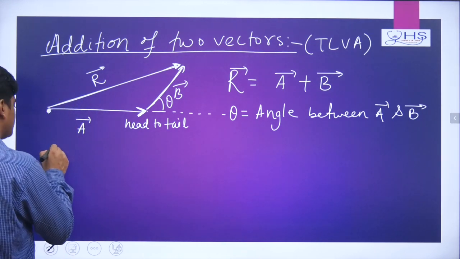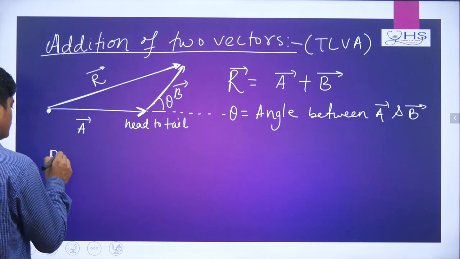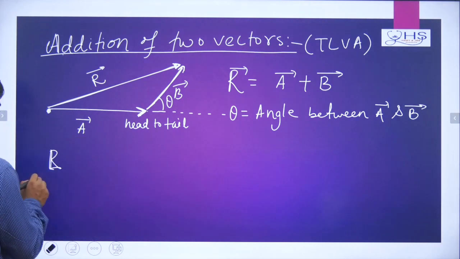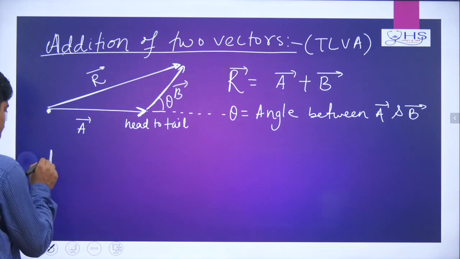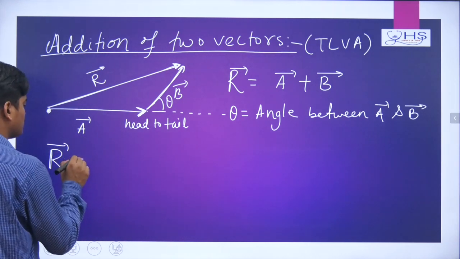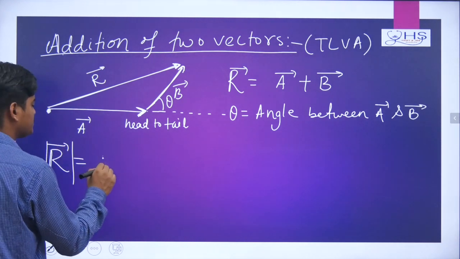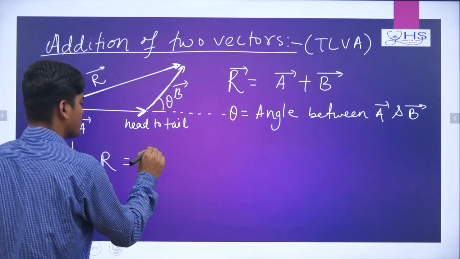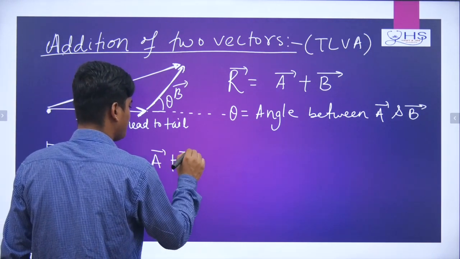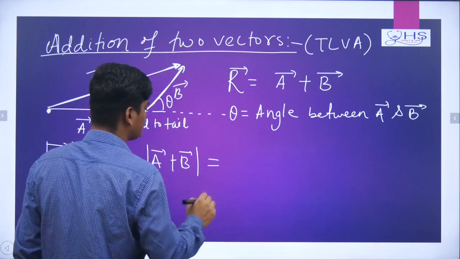Now here, if I want to find my R vector magnitude, then what is this? This is R, or you can write mod of A vector plus B vector. Then how much will it come?